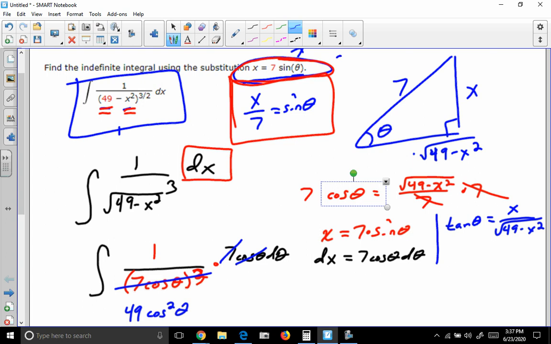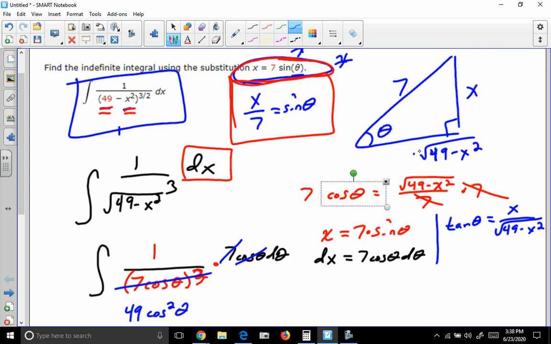So it's nice when they tell us what to use for our substitutions, but all that does is establish our triangle. So if we have a constant squared minus the variable squared, whatever constant squared, that's going to be our hypotenuse. The opposite side is going to be the variable that's being squared, and then this side is going to be a radical.